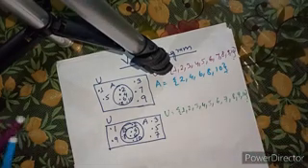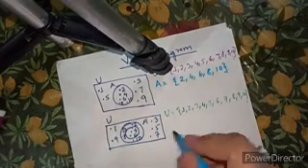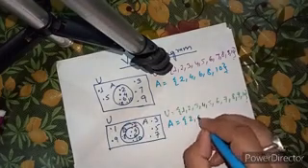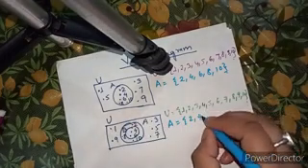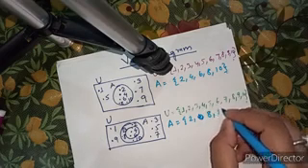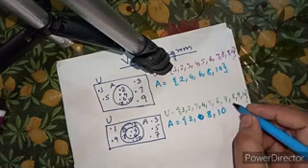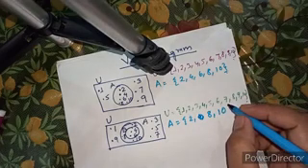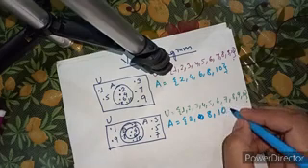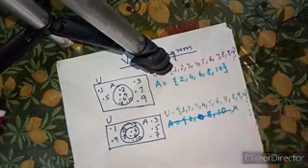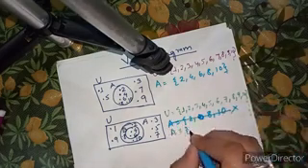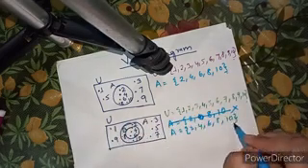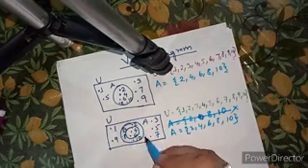Okay, now what will be the elements present inside the set A? So inside the set A it will be 2, 4, 6, 8 and 10, because all the elements are present inside this circle.